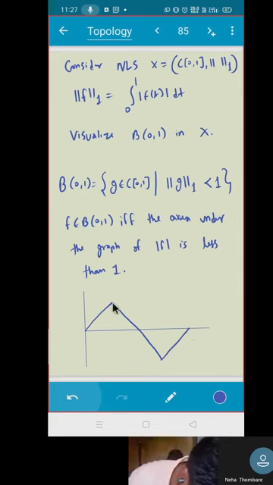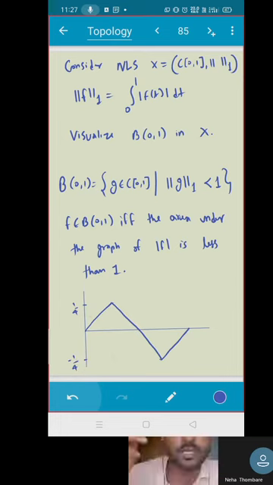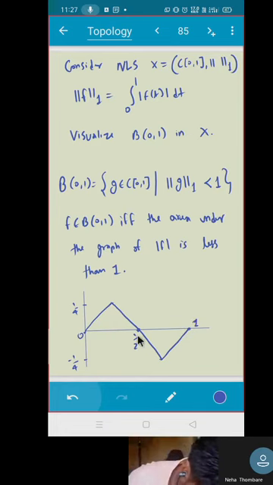Say this point is y equal to 1 by 4 and this is minus 1 by 4. Say this is 1 by 2 and this is 1.